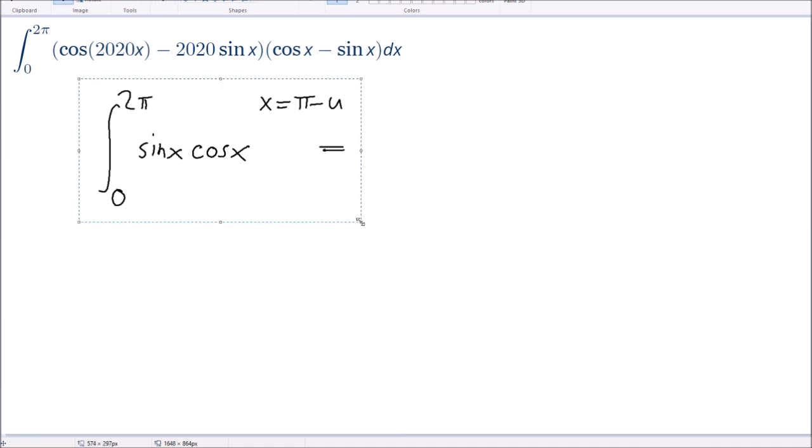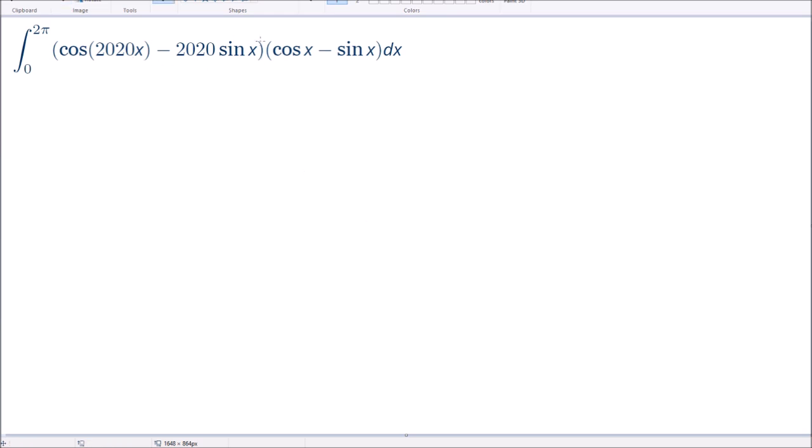But the period of these functions sort of cancels out to 0. So this is going to cancel out, and the same applies to here. This sine x is going to cancel out to 0 because it's an odd function and its period is 2 pi.